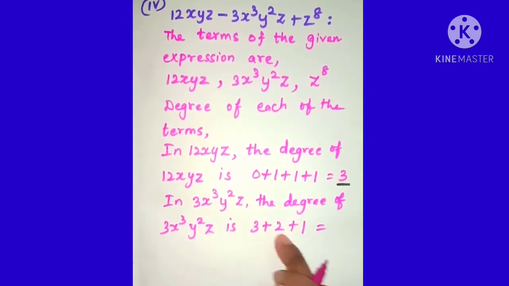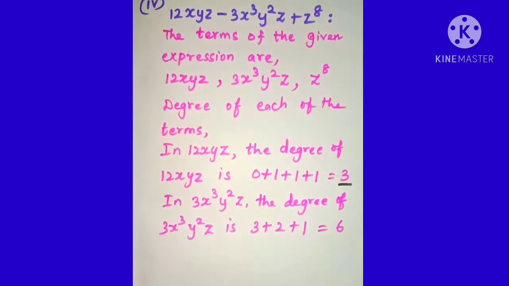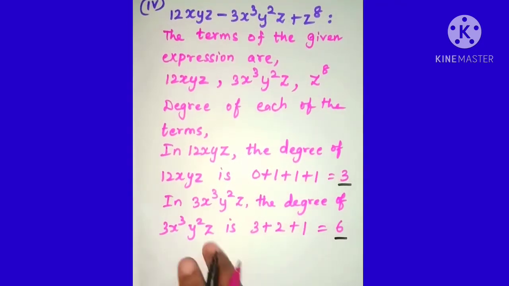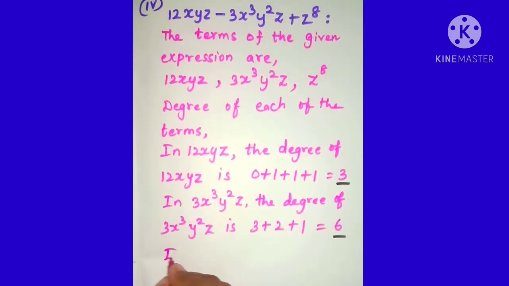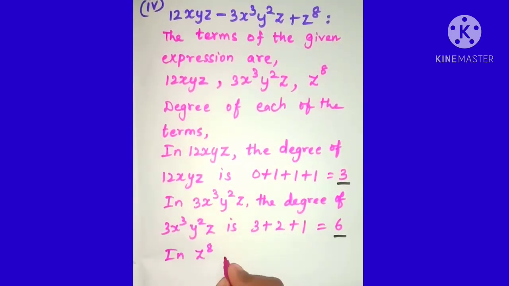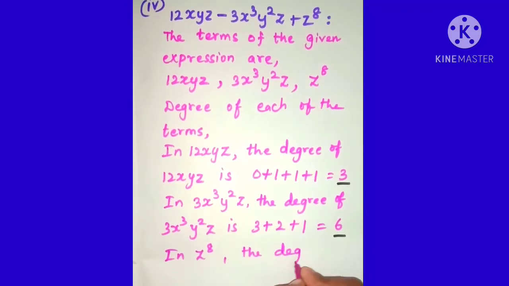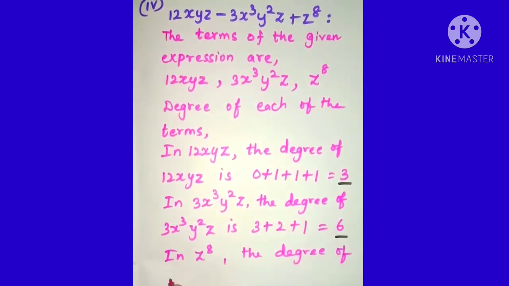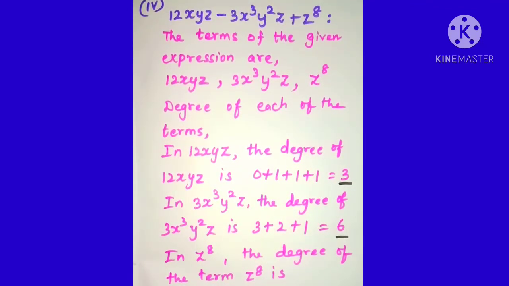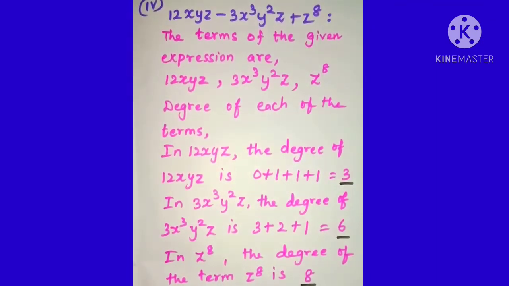So 3 plus 2 is 5, 5 plus 1 is 6. So students, the degree of the second term is 6. And in z power 8, only one term is here, and the exponent is 8. So 8 is the degree of the term z power 8.